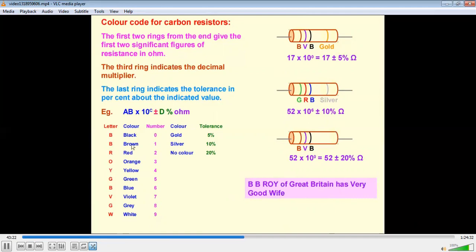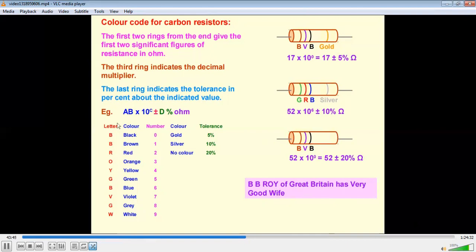This is actually: B B Roy of Great Britain has very good wife. That means first B will be black. The second one, brown. Then R in Roy means red. O for orange. Y for yellow. And G for green. And Britain, blue. And has V, very, means violet. So good means gray.